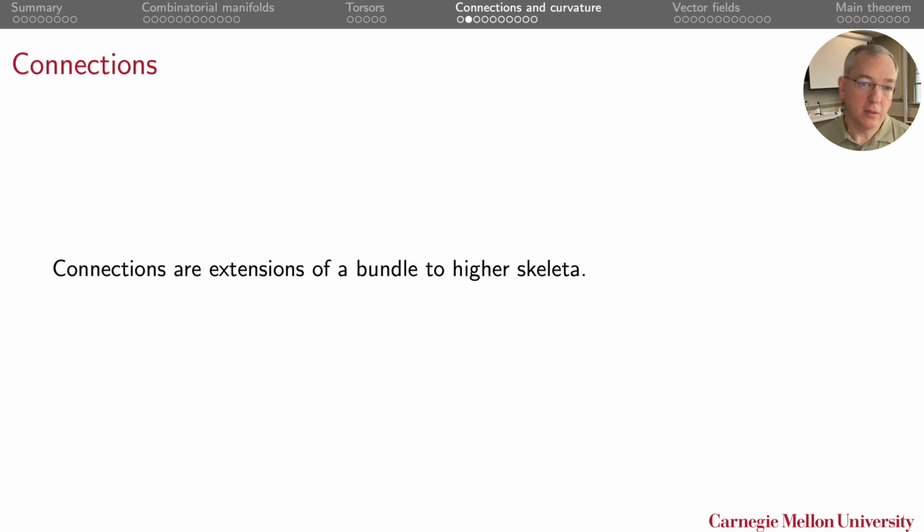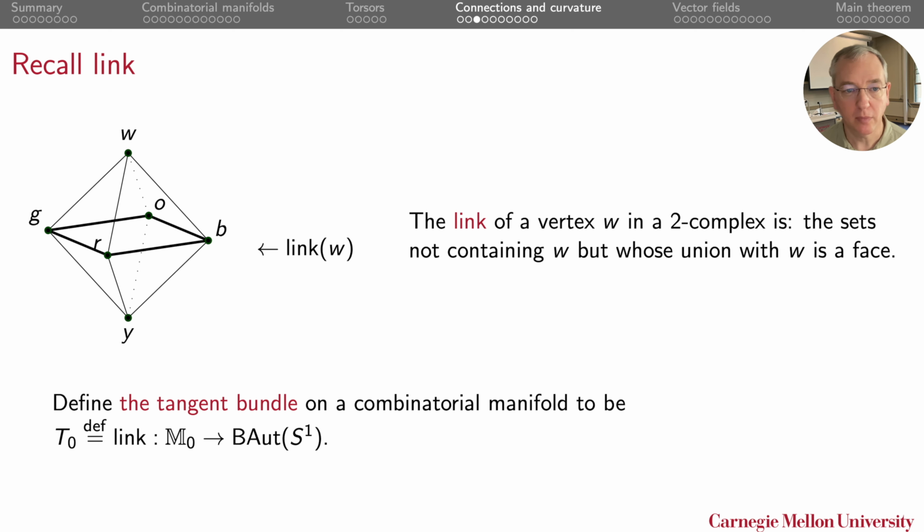So simply put, connections are extensions of a bundle to higher skeleta. So we have some kind of definition inductively up to some skeleton, and if we extend it, that deserves to be called a connection, and we'll see why. So for example, the link of the vertex W in this 2 complex, which we talked about, right?